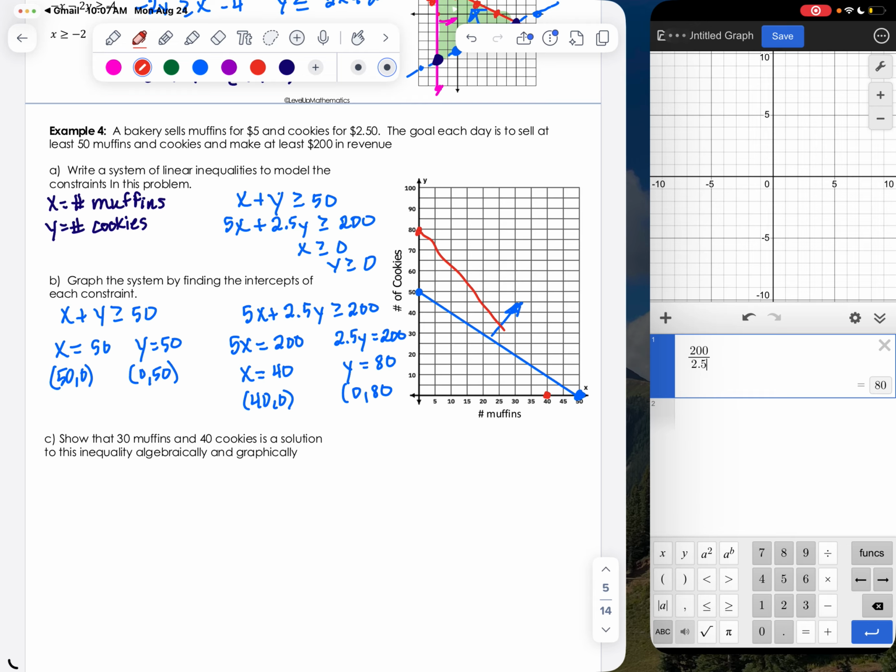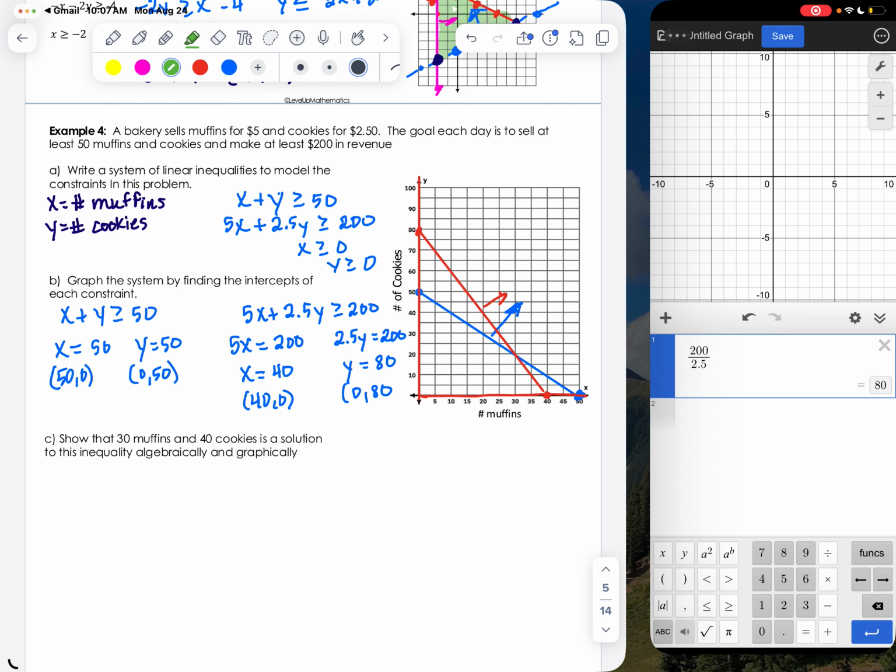Connect this in a solid line. And then it is also greater than, so I'm going to be shading above. Now, x is greater than or equal to 0 is this axis, so we'll be shading above. y is greater than or equal to 0 is this axis, so we'll be shading above.